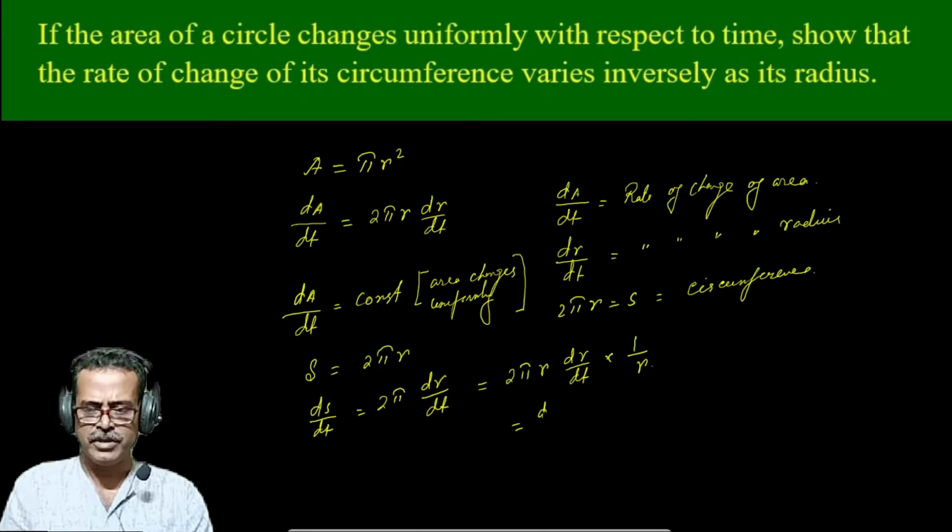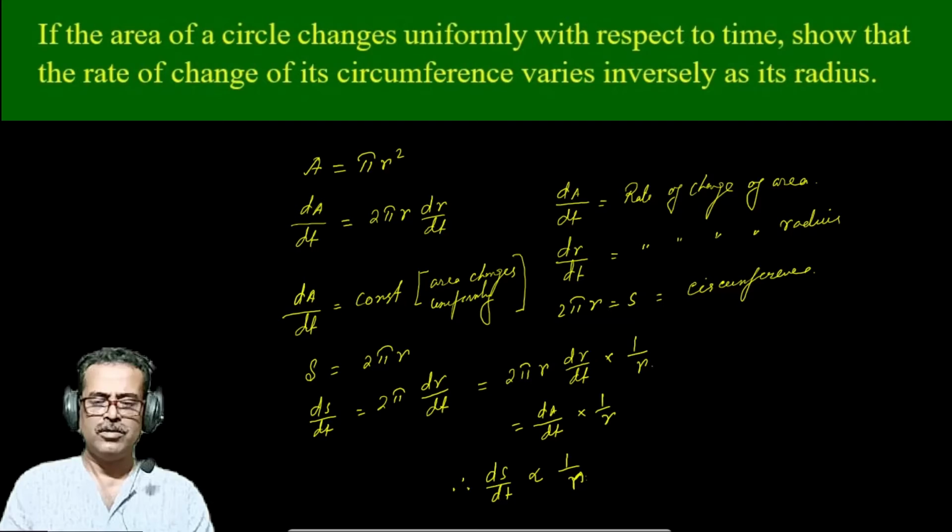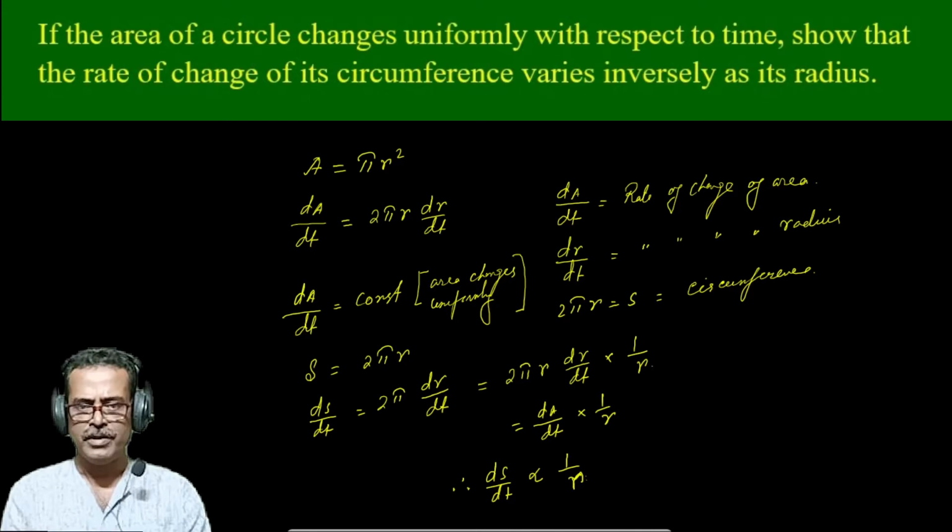This is equal to dA/dt into 1 by r. dA/dt is constant, therefore dS/dt varies as 1 by r. So rate of change of circumference varies inversely as its radius.